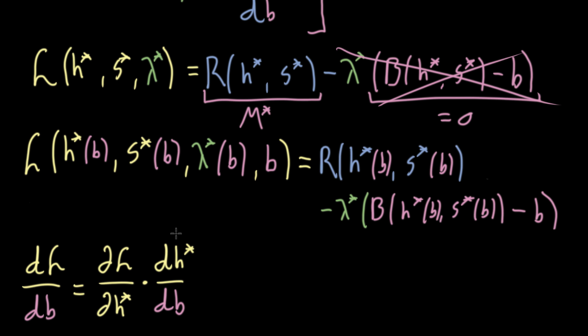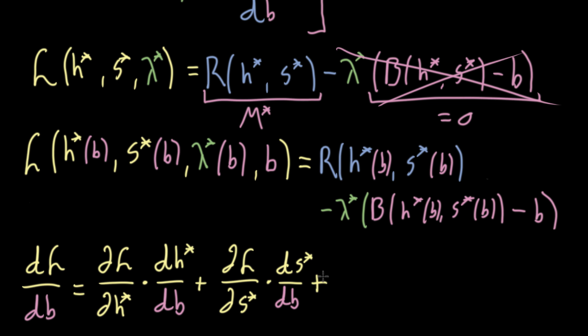And this might seem like a very hard thing to think about, like how do we know how H star changes as b changes? But don't worry about it. You'll see something magic happen in just a moment. And then we add in the partial derivative of L with respect to that second variable, S star, multiplied by the derivative of S star with respect to b.